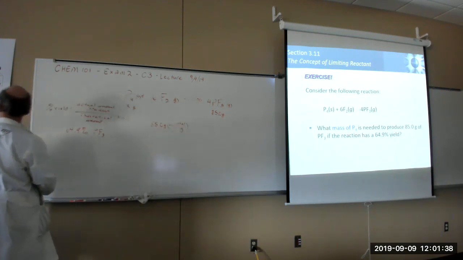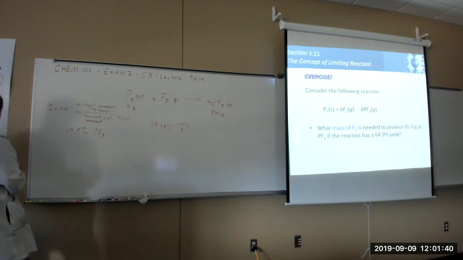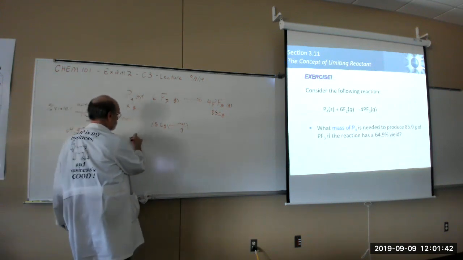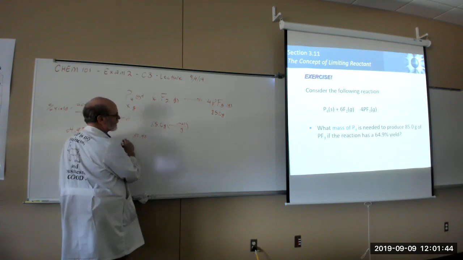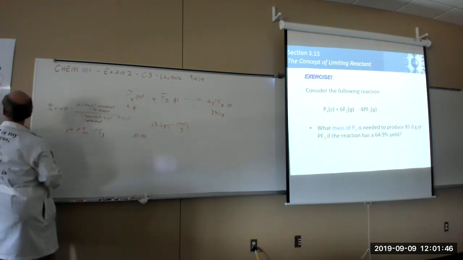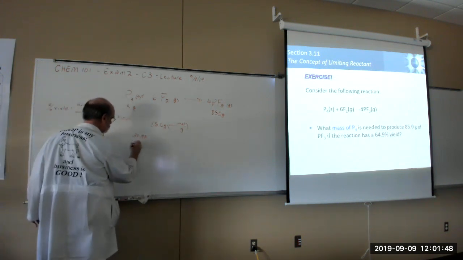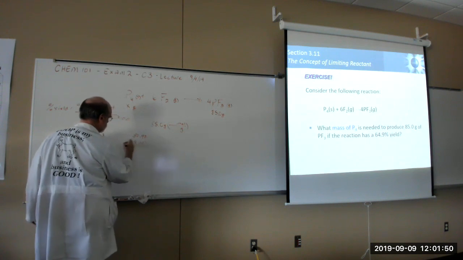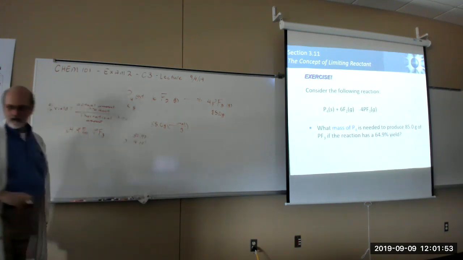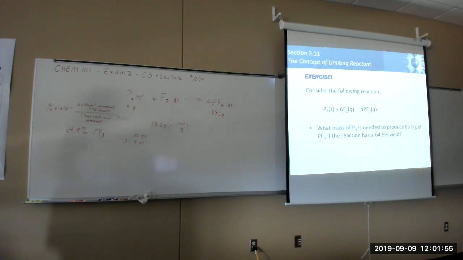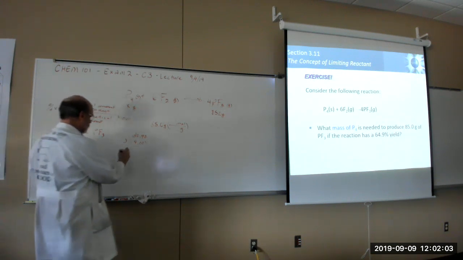So phosphorus is 30.97, and then 3 times fluorine, which is 19.00. So we want to know the molar mass there. I get 87.97.